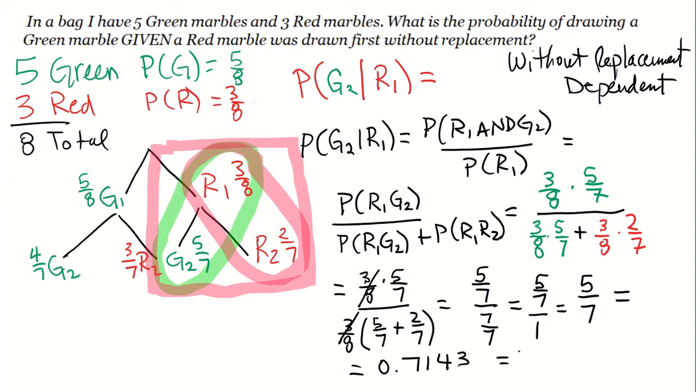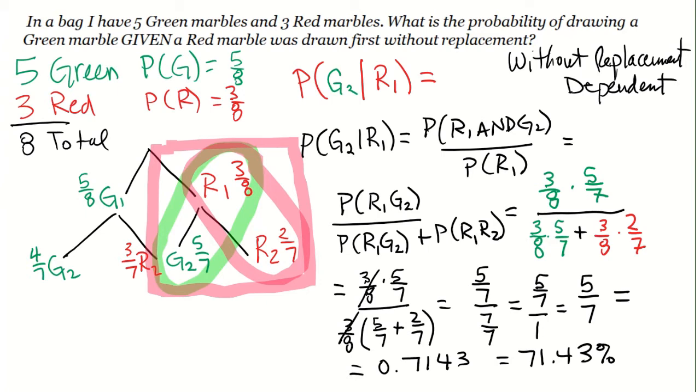and that calculates to 0.7143, which equals 71.43%. So that tells me I have a 71.43% probability that if I'm given a red marble on the first draw, I will be able to draw a green on the second draw.